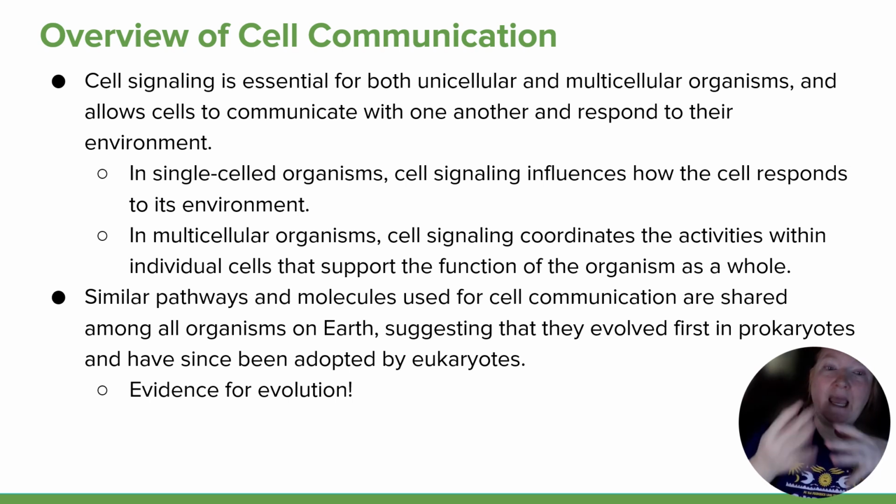Similar pathways and molecules used for cell communication are shared amongst all organisms on Earth, suggesting that they evolved first in prokaryotes and have since been adopted by eukaryotes. This, again, is evidence for evolution.